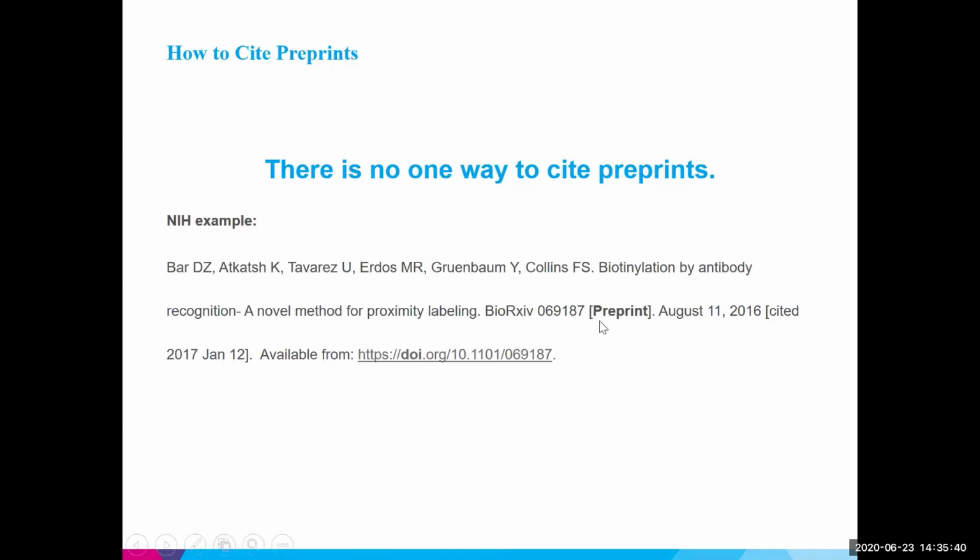And as you can see, the biggest thing is that the word preprint is there. But there are other places that provide guidance as well. So bioRxiv has its own template for citing things that are on it. I would go with the NIH example because it seems like it is the most complete, but once again, check with the journal you want to publish with.